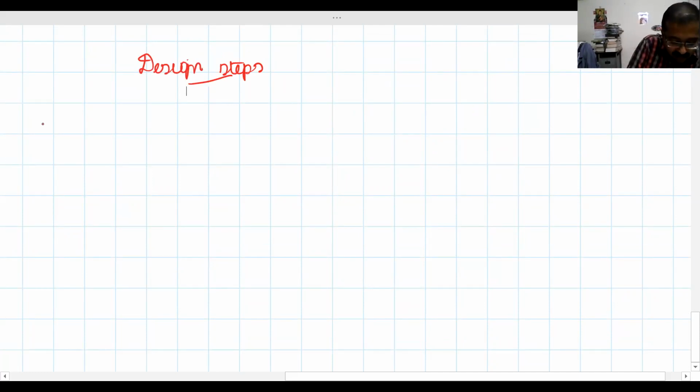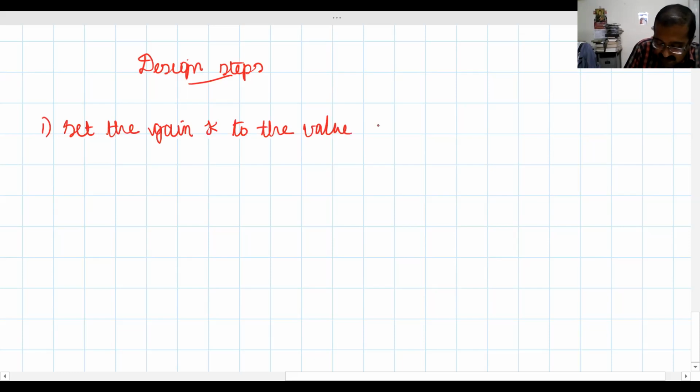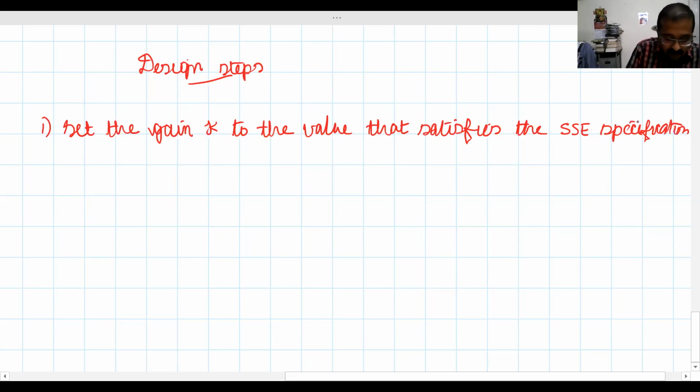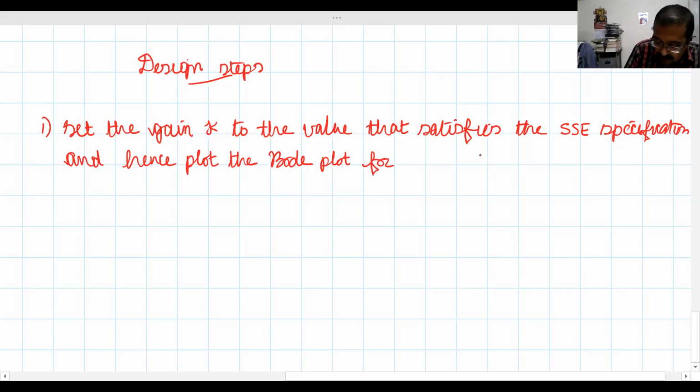One, set the gain K to the value that satisfies the steady state error specifications, and hence plot the Bode plot for this gain K.